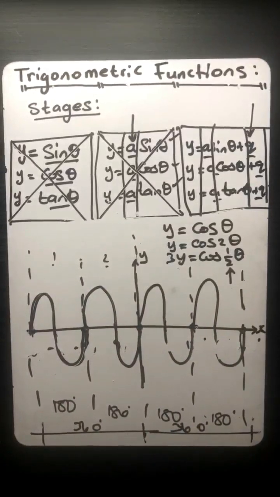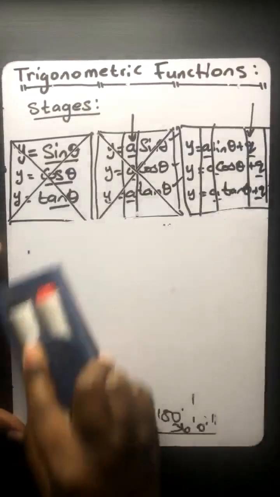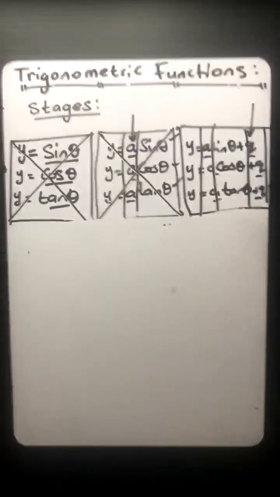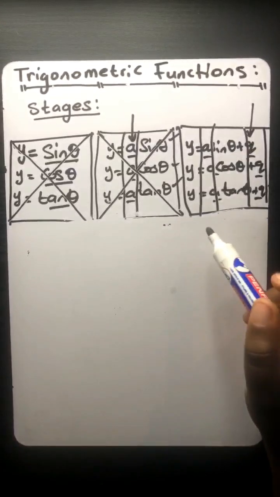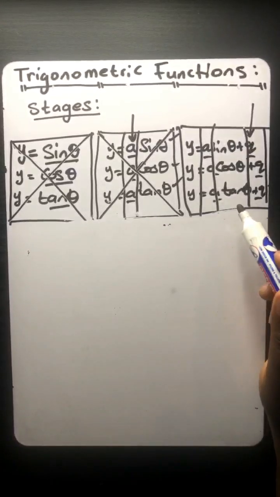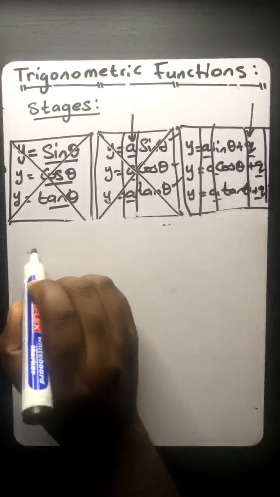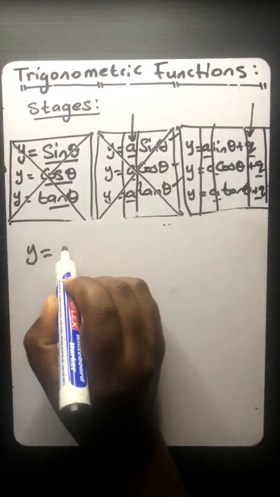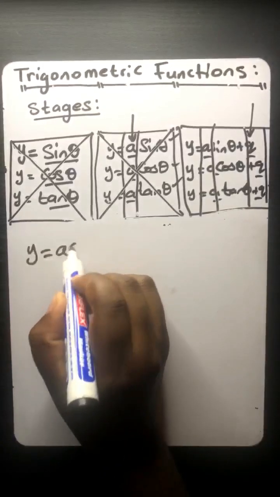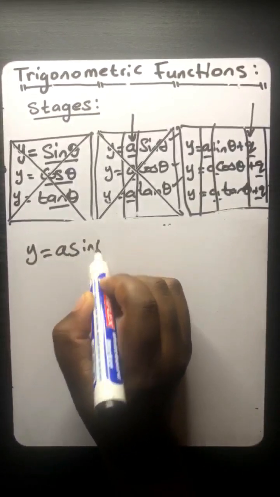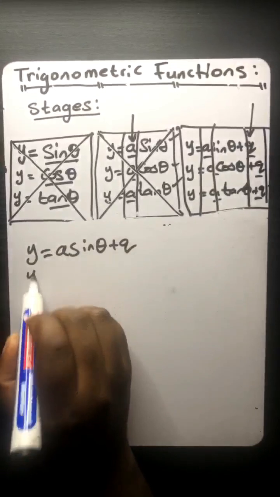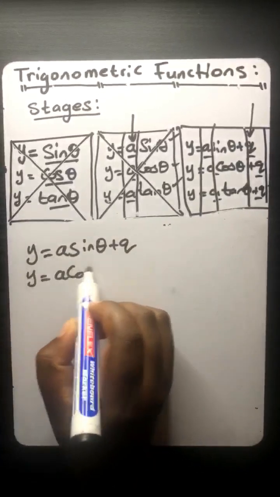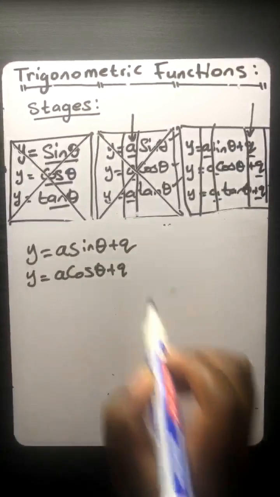Okay, 100%. So, as part of your notes, I want you guys to note down something very important here: these graphs, the one for y equals, let's just say, a sine of an angle plus q, and also the one for y equals, let's say, a cos angle plus q.